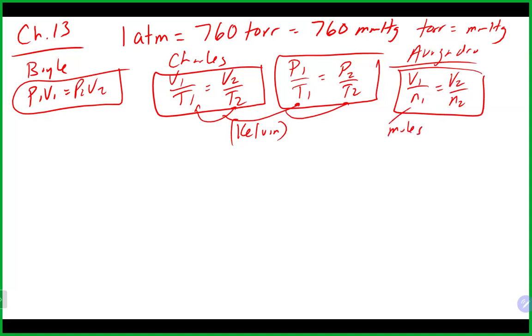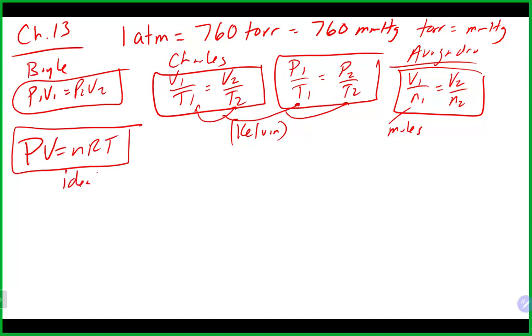Putting all those together gave us the ideal gas law, which is PV equals nRT. The ideal gas law is the most restrictive in terms of units. Whenever you're using it, the pressure needs to be in atmospheres, the volume has to be in liters, moles should be in moles, and temperature needs to be in Kelvin.